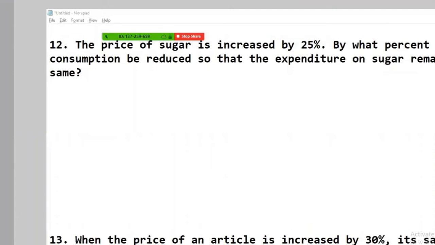I hope it is done. The price of sugar is increased by 25%. By what percent should the consumption be reduced so that the expenditure on sugar remains the same? Whenever the expenditure has to be the same, you use this formula: 100x by 100 plus or minus x percentage.